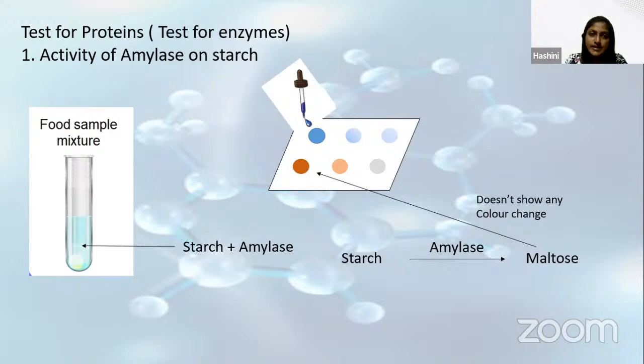So first, enzymes. We now know the enzymes are protein. So we can identify this enzyme. Actually, in your textbook this test is there, right? Activity of amylase on starch. I explained that when amylase is present, it converts starch into maltose, right?